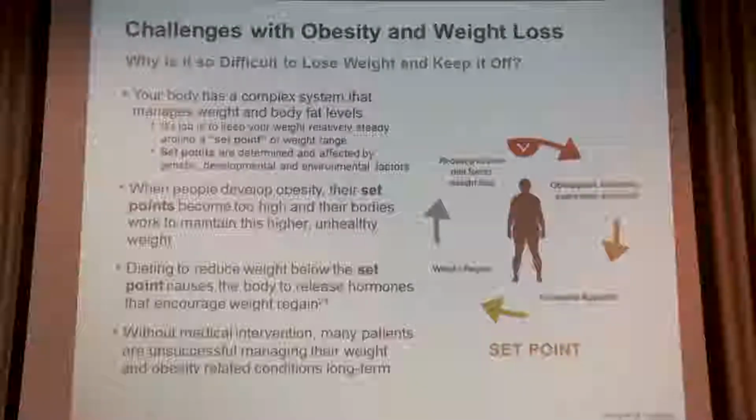And so you can see this fluctuation, and that's why a lot of times with dieting we see people rebound and gain more weight afterwards, because that set point wants to keep going higher. It worked very well for a while, but in this day and age, it becomes more of a challenge for us.